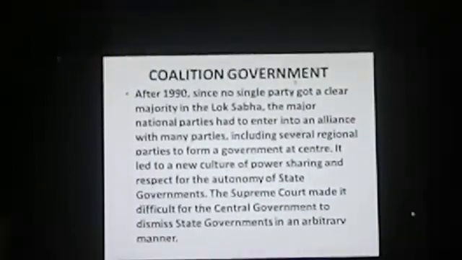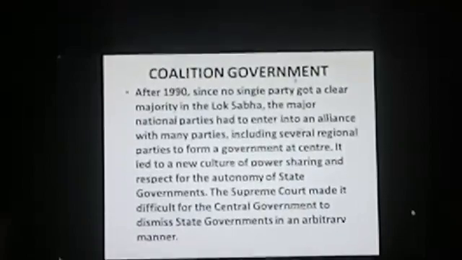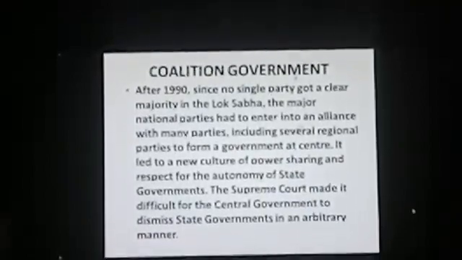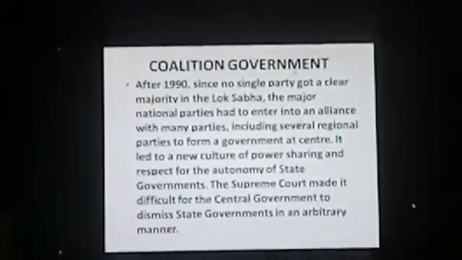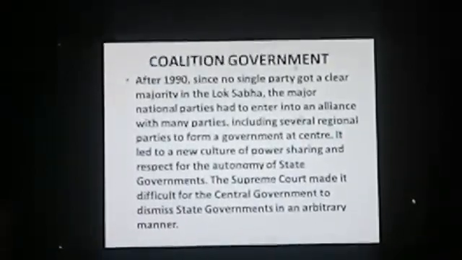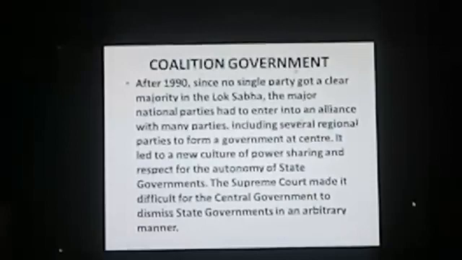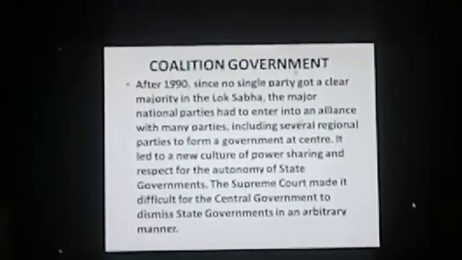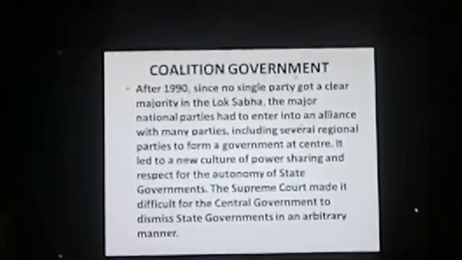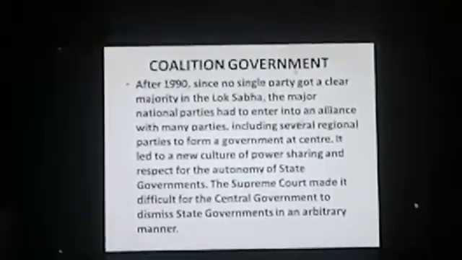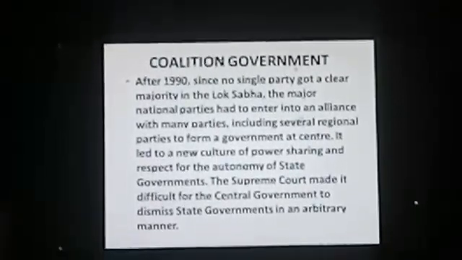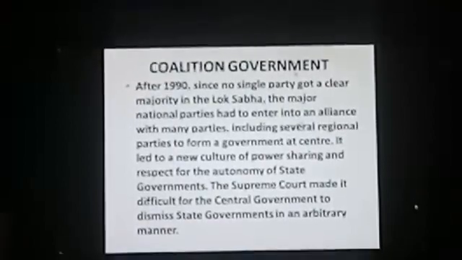The Supreme Court made it difficult for the central government to dismiss state governments in an arbitrary manner. Arbitrary means in an unfair manner, wherein the central government would impose its power on the state government. So when two or more parties form an alliance, the alliance which gets the support of the majority of MPs or MLAs forms the government.